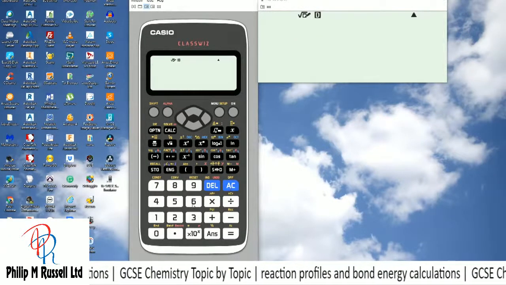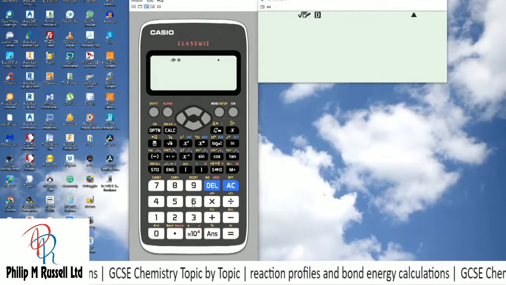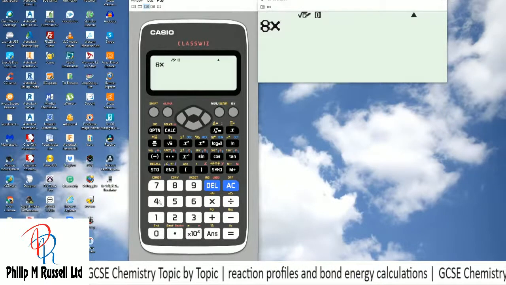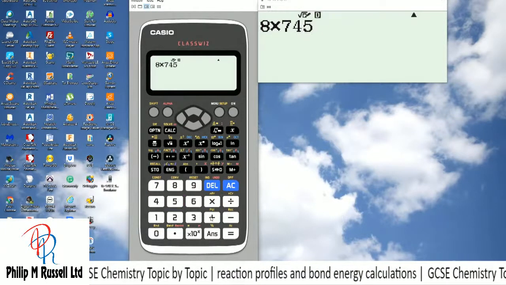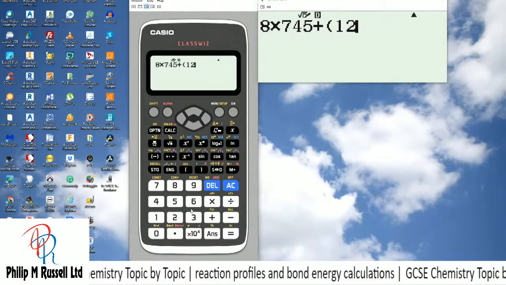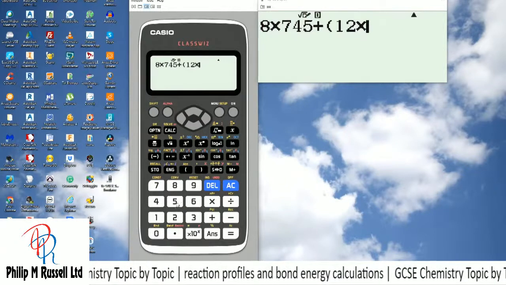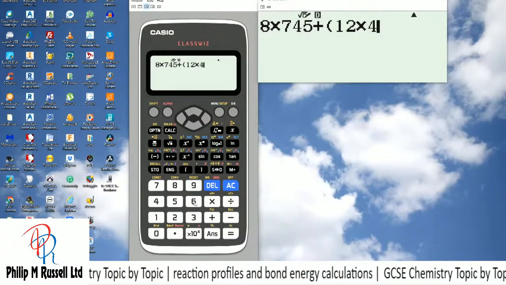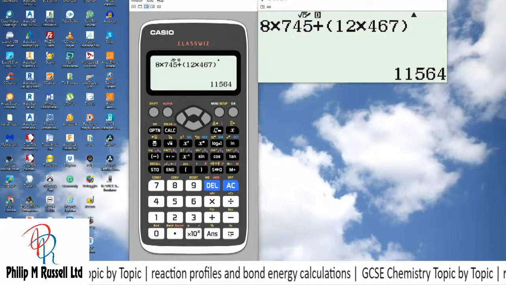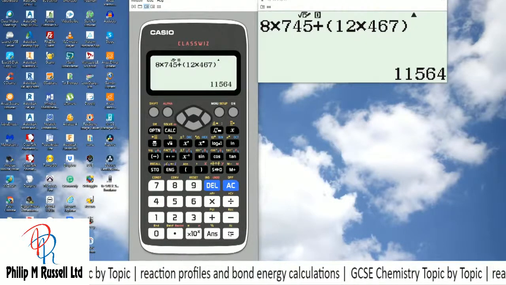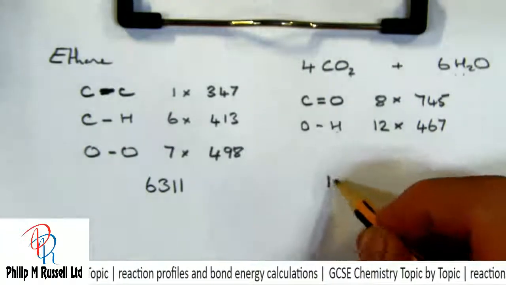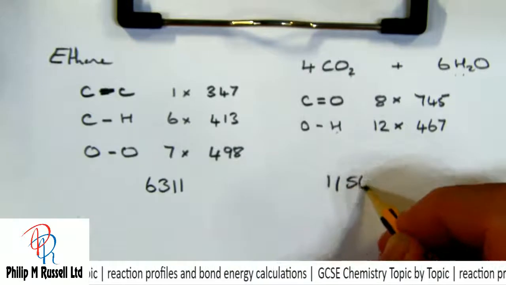And we're going to work out our carbon-oxygen bond. This is going to be 8 times my 745 plus I've then got a massive 12 times my 467, and we get out a massive 11,564.